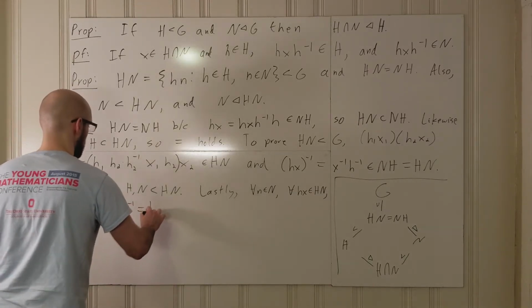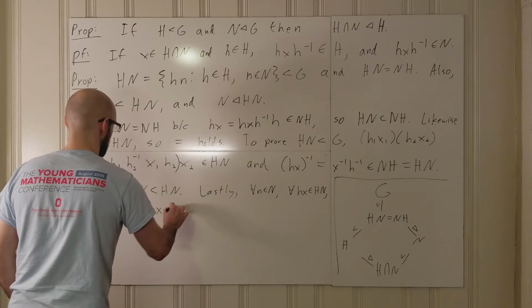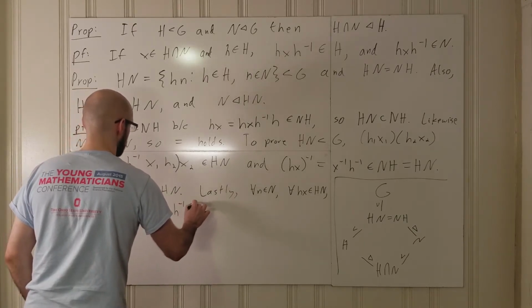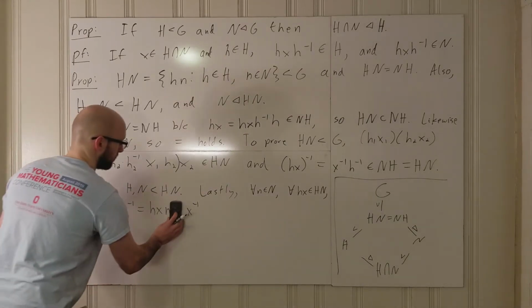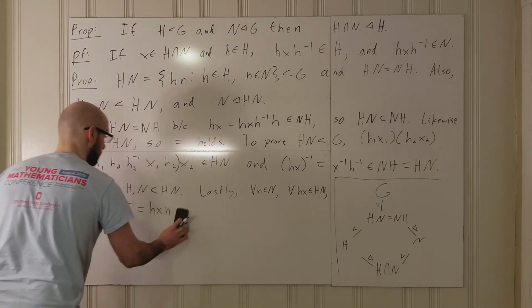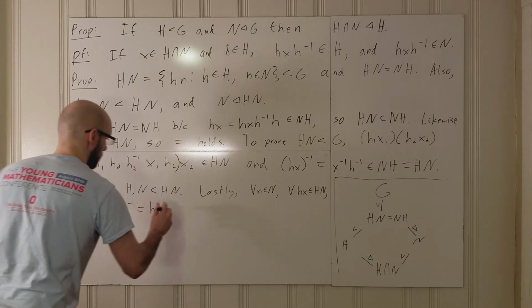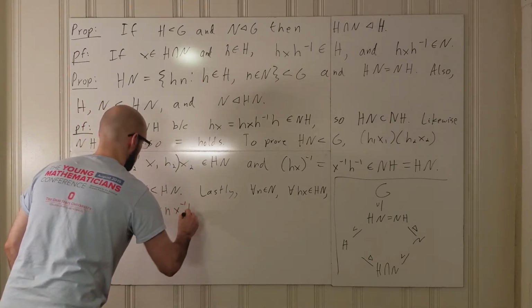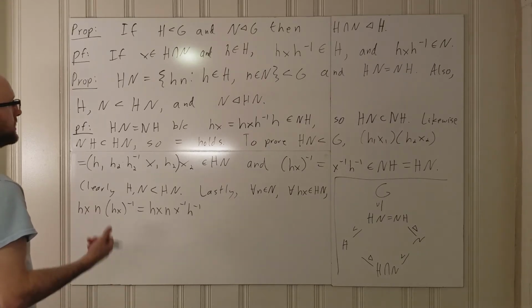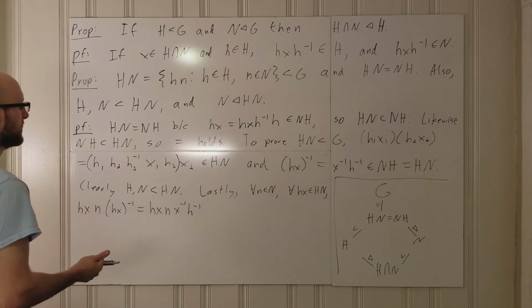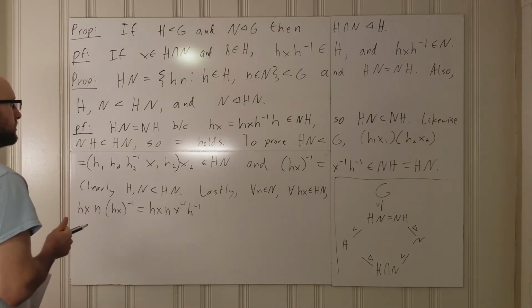This is going to be hx n h inverse x inverse. That's wrong. It's x inverse h inverse. And so we want this to be in HN. So we want this to be something in H times something in N.